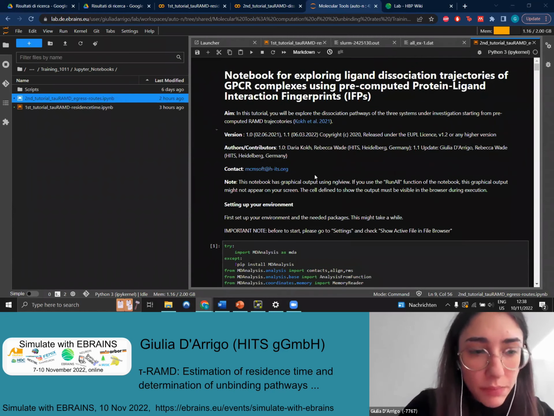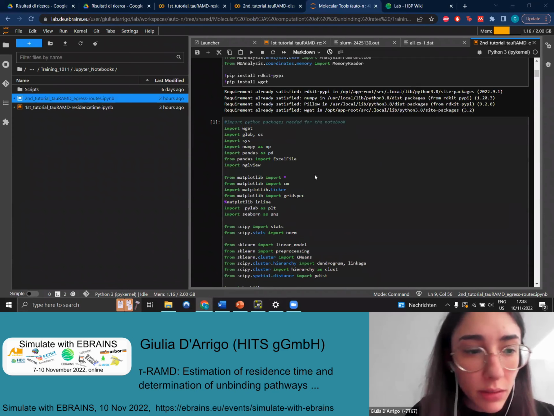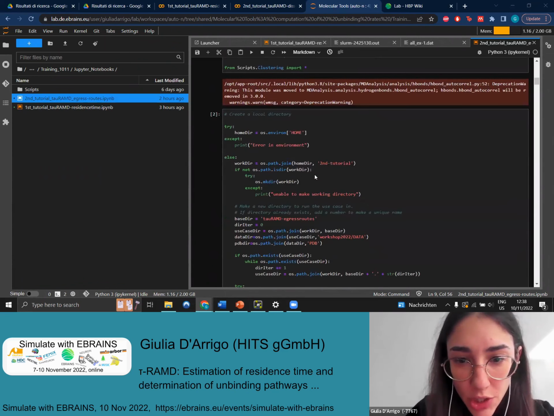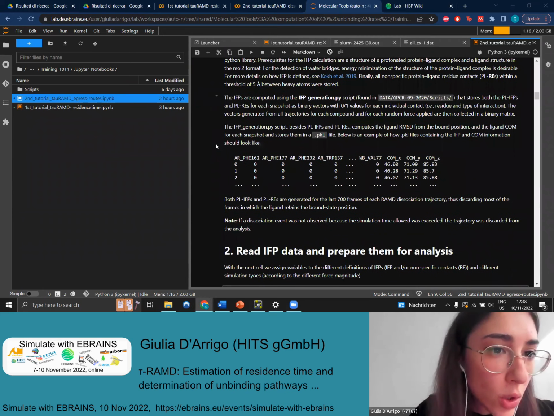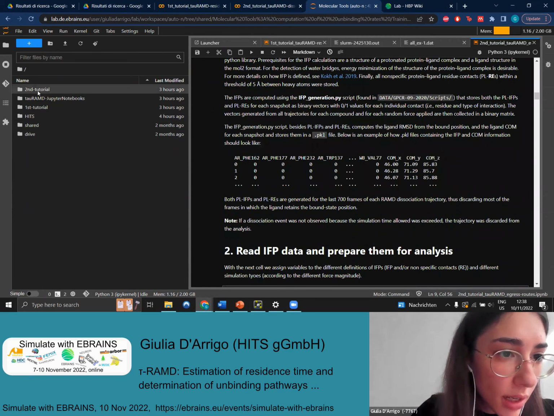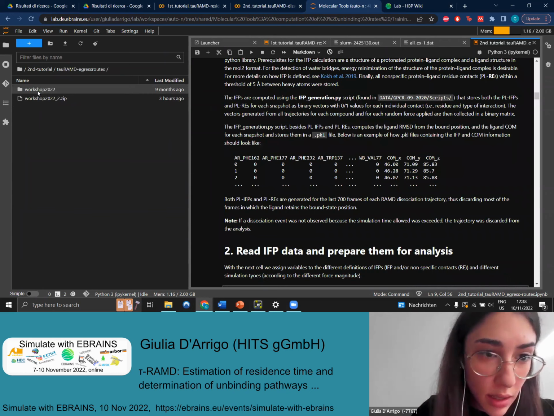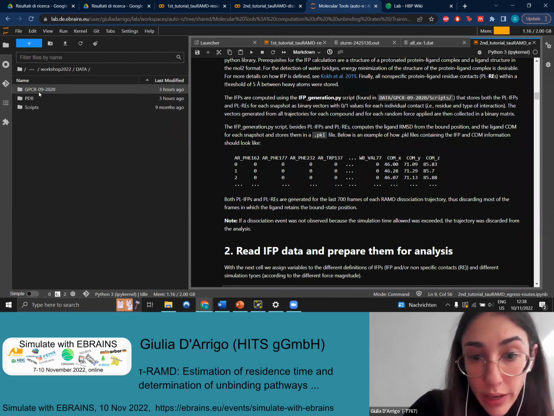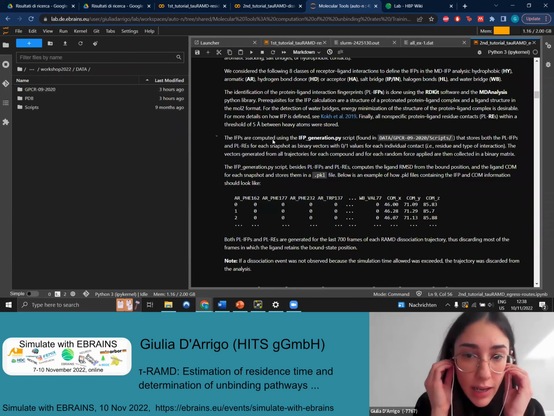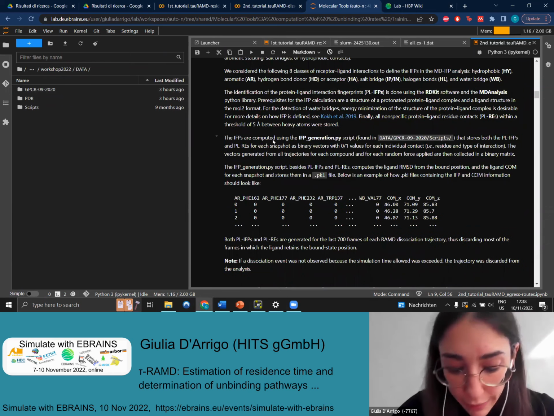Okay. So again, after having loaded all the modules and packages, creating your own directory and loading the file, you will be here in theory, the second tutorial. This is the material you are working on, and we are here. Here I have explained a bit better what an IFP is.